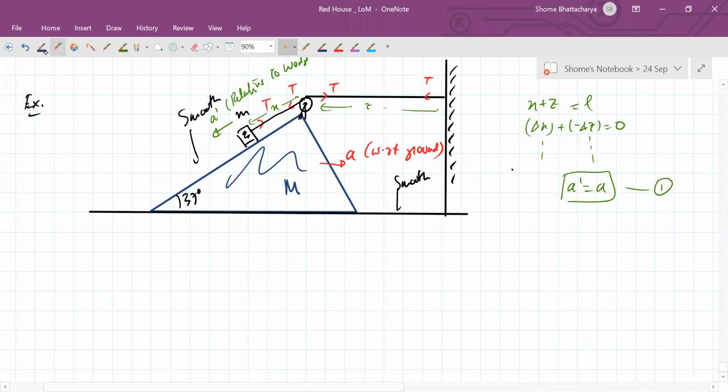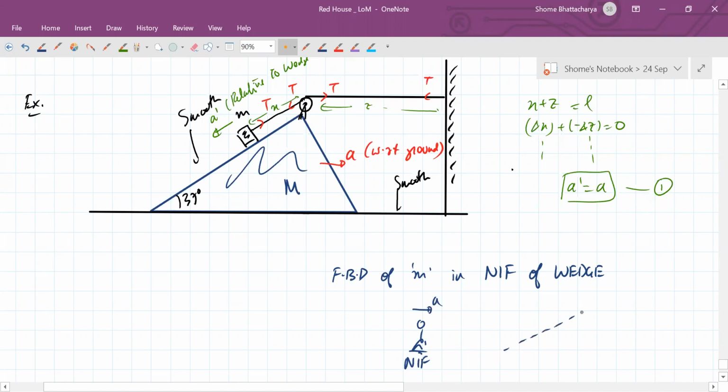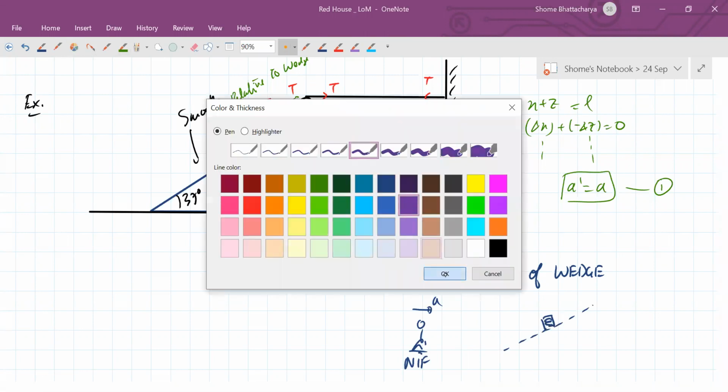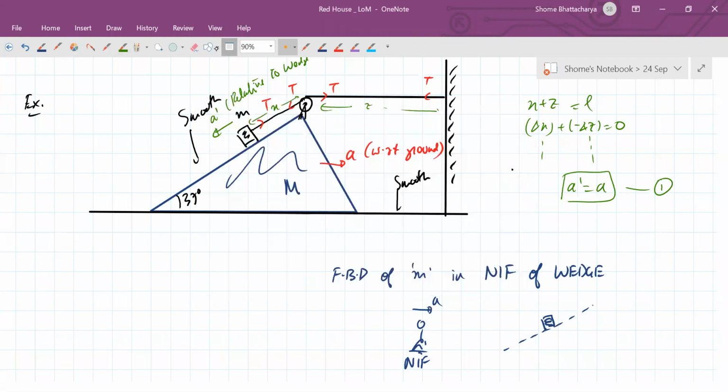Okay. So the easy thing to do here will be the free body diagram of small m in the non-inertial frame of the wedge. So in that frame, if we count the forces acting on this, there will be a horizontal pseudo force, Ma.